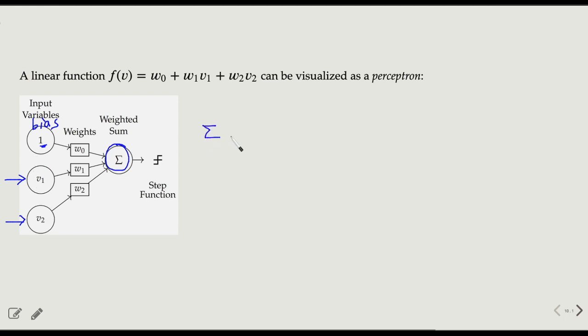So this sum is essentially Wi Vi, okay, which is the linear combination of W0 times 1 plus W1 times V1 plus W2 times V2. Okay, so this will be the sum of all the input variables.